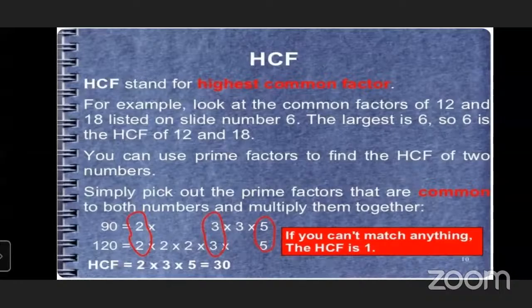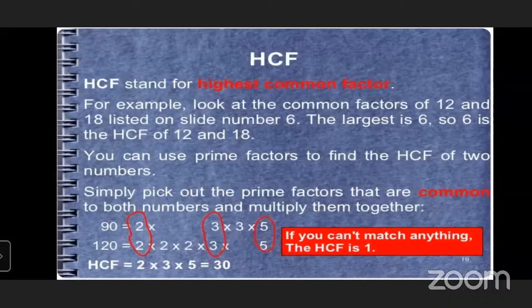You can use prime factors to find the HCF of two numbers. How to find it? If we take two numbers like 90 and 120, we have to write the factors of 90, and then the factors of 120. The factors of 90 are 2 multiplied by 3 multiplied by 3 multiplied by 5, means 2 3 3 5.